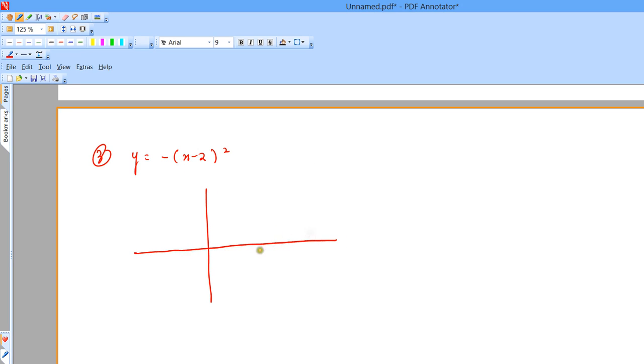So the new graph, we have 2 here. And then we have the y-intercept equal to negative 4. The x and y axes, and label y equal to negative (x minus 2) square.